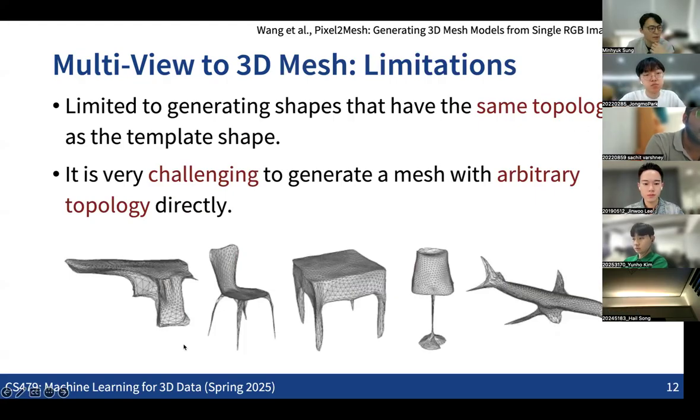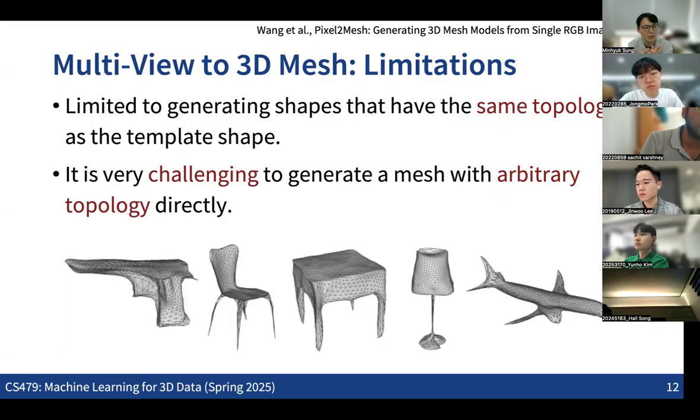Because if we want to make the chair here with holes inside, and also holes here, then we need to tear the mesh, cutting some part of the mesh and reconnecting the triangles, right? This involves a very challenging task: how can we make the neural net tear some part of the mesh and connect those triangles again? So this is really challenging.